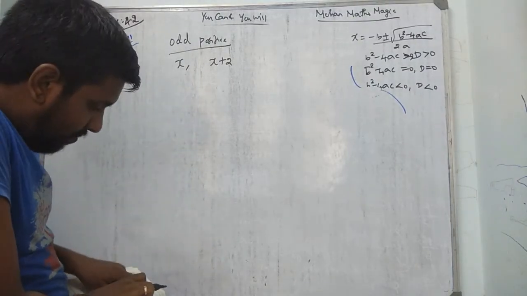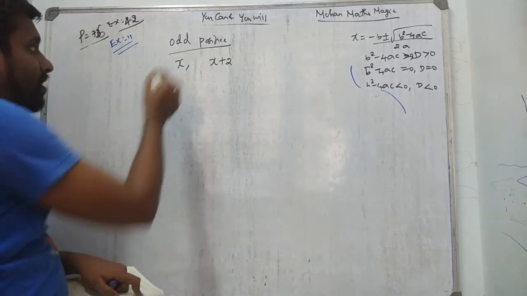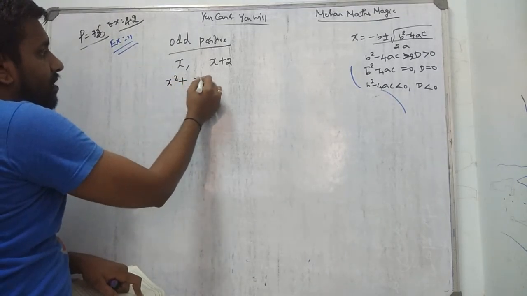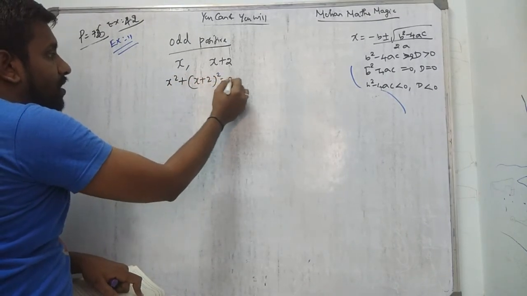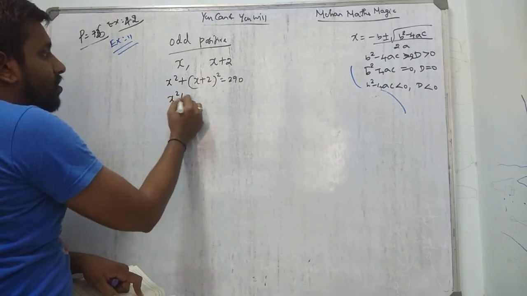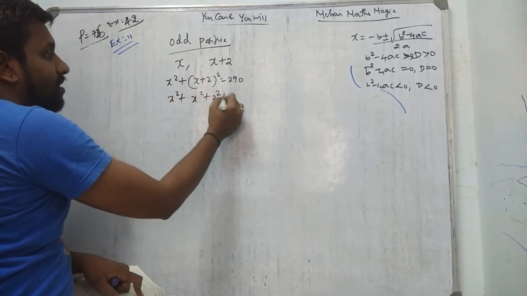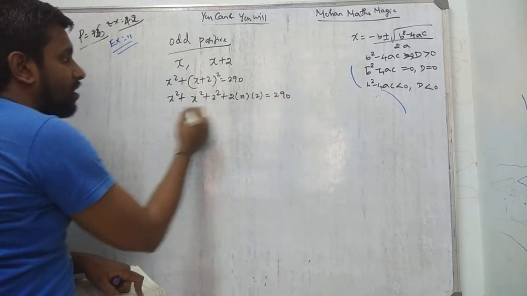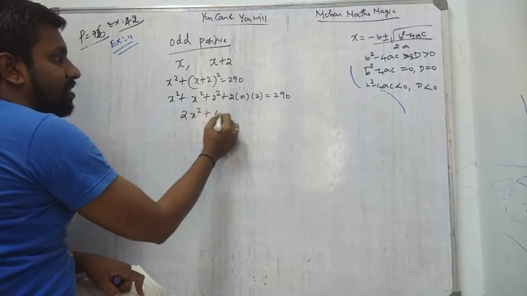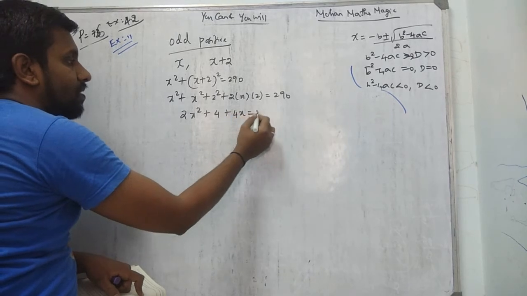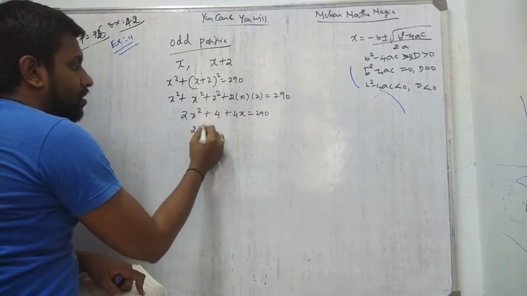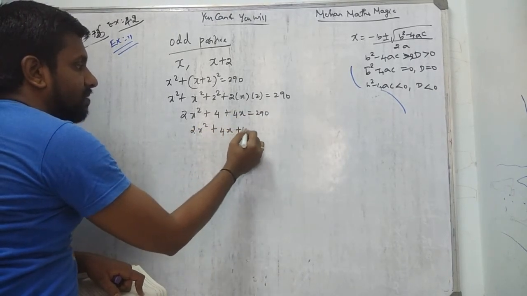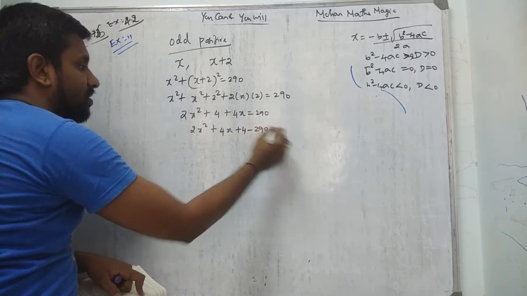Next, sum of whose squares is 290. So if we square these, we get 290. So this is a square plus b square plus 2ab equal to 290. So normal simplification now. So finally I got 2x square plus 4x plus 4 minus 290 equal to 0.